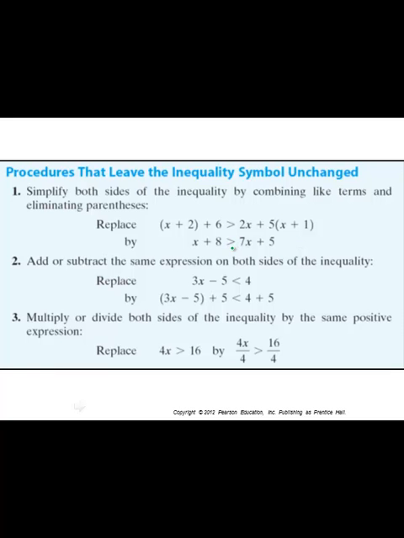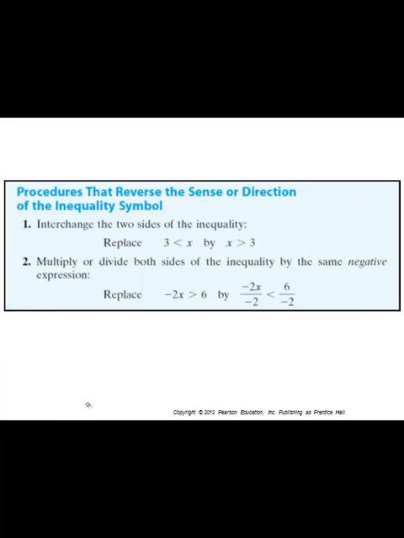And again, remember, if you multiply both sides by a negative number, that switches the direction of the inequality. And same discussion with division. Okay, so you do that sequence of steps until you get x on one side of the inequality and a less than or greater than or less than or equal to or greater than or equal to sort of symbol on the other side. Okay, so all of these steps apply here.